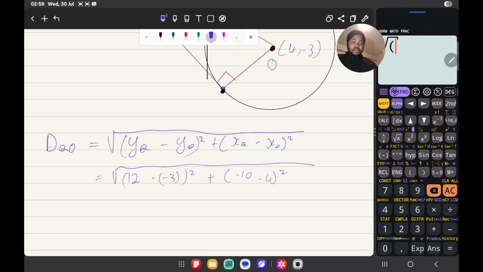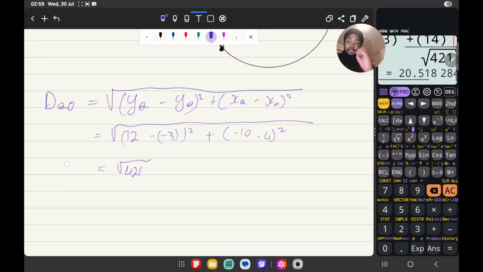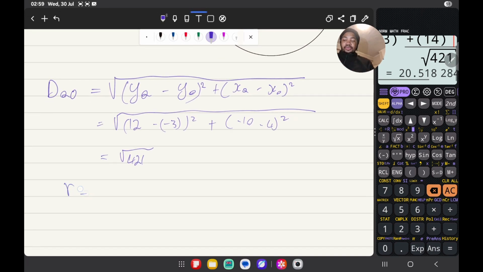So 12 minus, it's going to be plus 3, plus, it's going to be 14 here, so 14 squared, right? You get square root of 421. And you know that your radius is what? The radius is square root of 40, right?